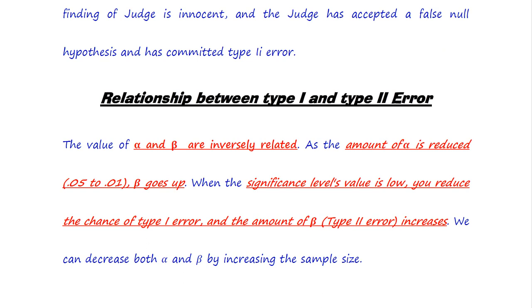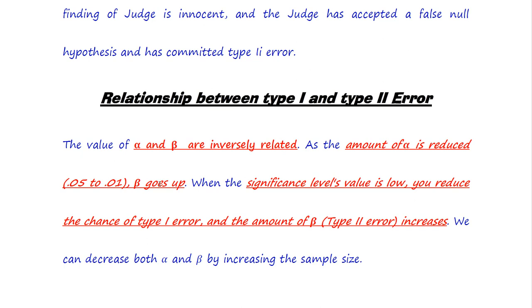What is the relationship between type first and type second error? The values of alpha and beta are inversely related. As the amount of alpha is reduced, 0.05 to 0.01, or in other cases 0.10 to 0.05 to 0.01, beta goes up.